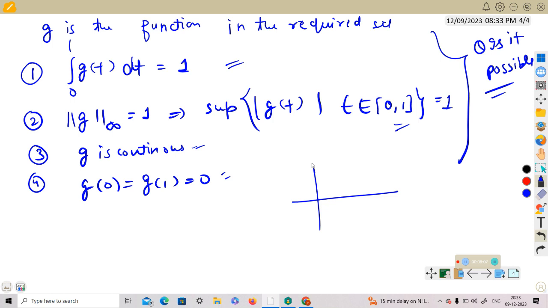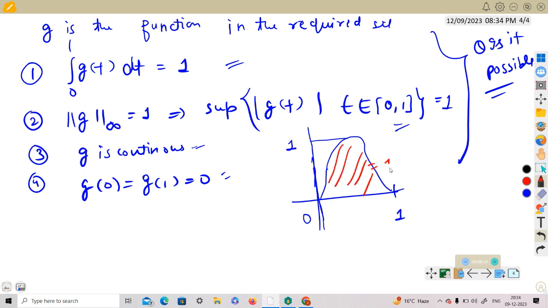Let's just try to make it. Let's consider this is 0 and this is 1. Let the function be like this. And since its supremum is 1, it can go only up to 1. And we need this area to be equal to 1. But this area is always less than this area.